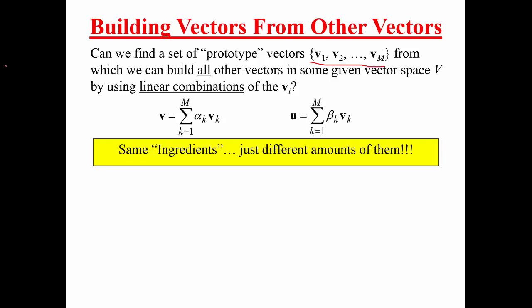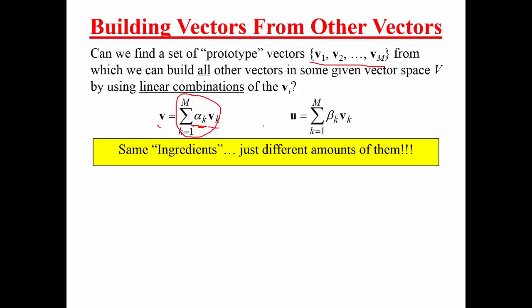You give me some vector v in that space. I can build it from my prototype vectors by just choosing the appropriate coefficients out in front. So again, the symbology here is just a shorthand notation to say a1 times v1 plus a2 times v2 and so on all the way up to a sub m times v sub m.